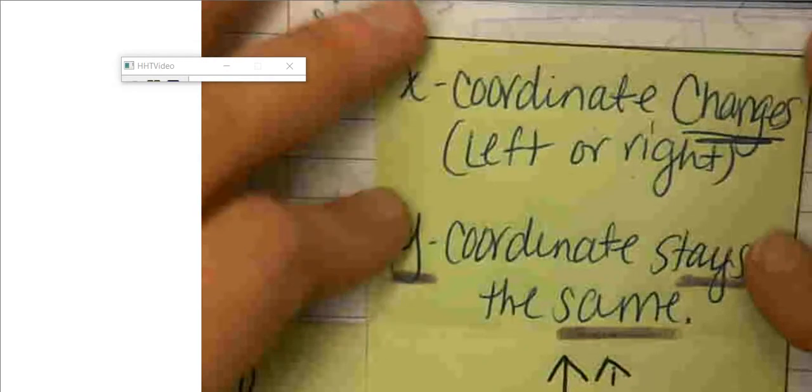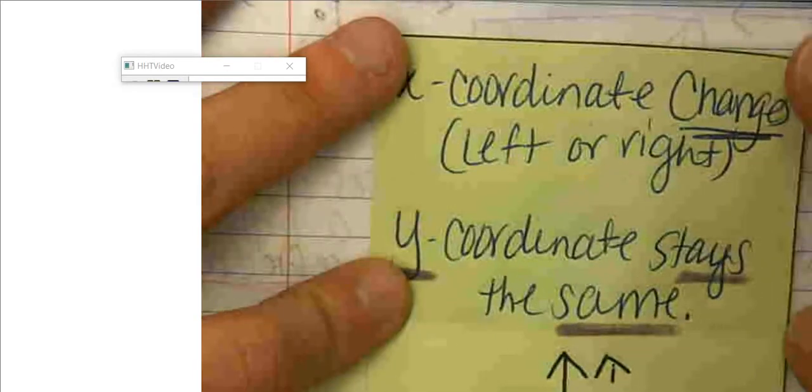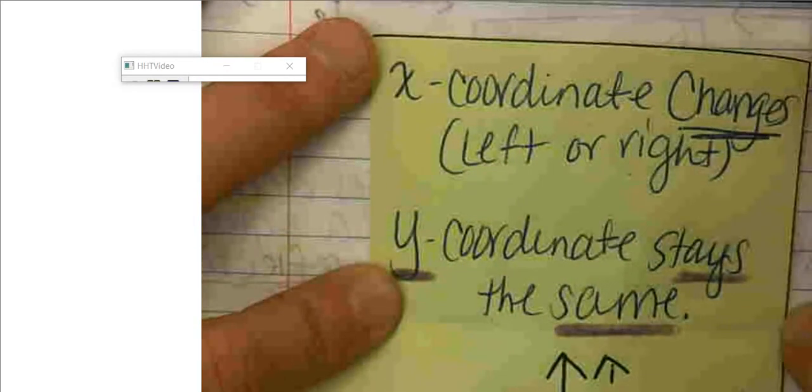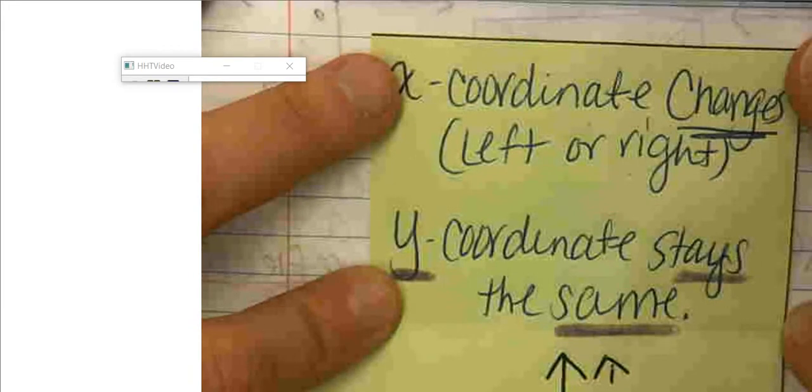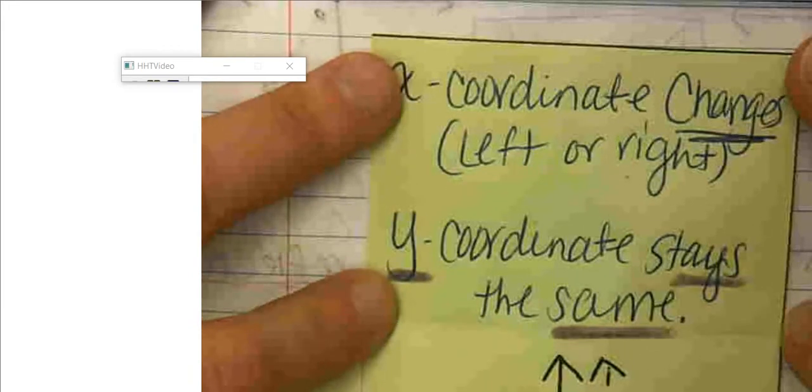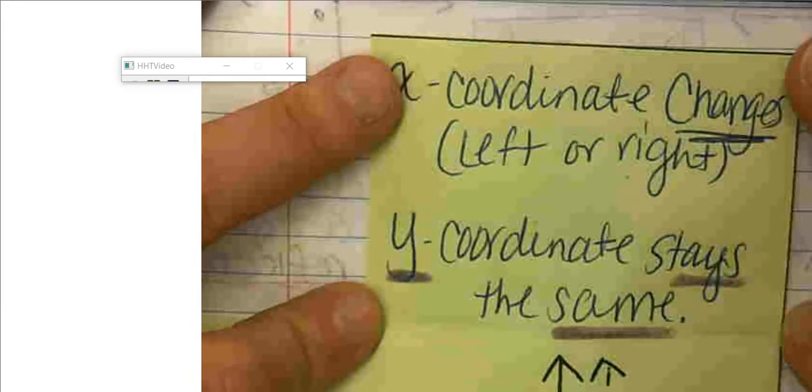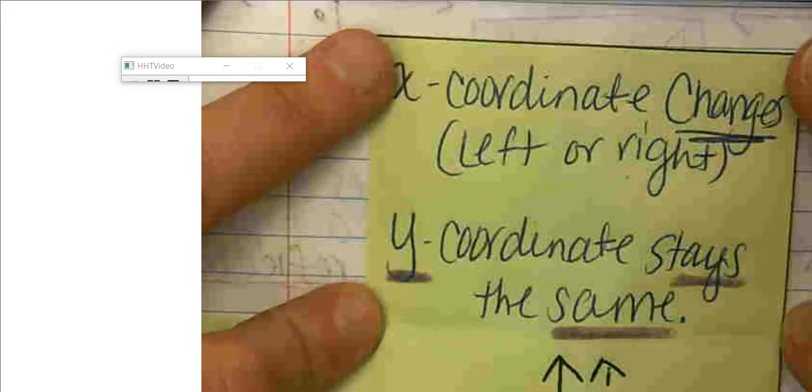And what's going to go on the outside of this one: the x coordinate changes because we're shifting this point left or right, but the y coordinate stays the same because we are not moving this point up or down. So now I'm going to write on the outside that this is all about vertical lines.